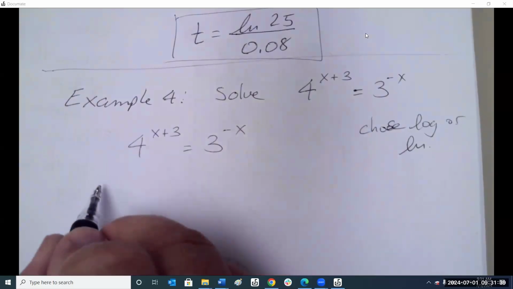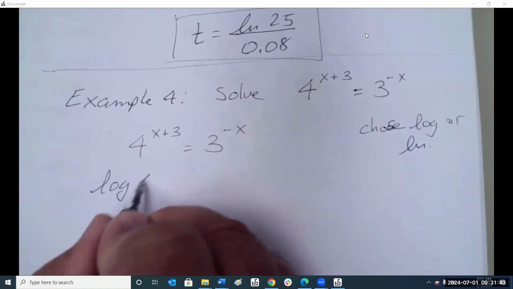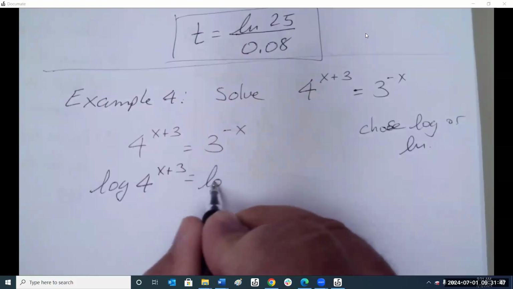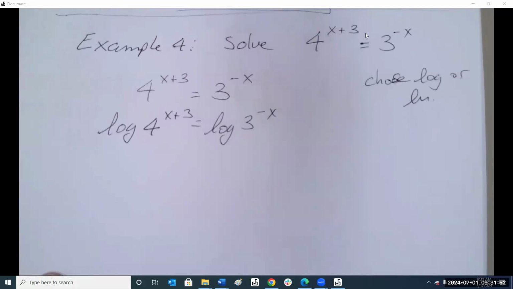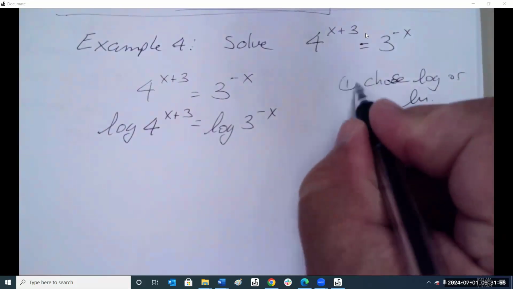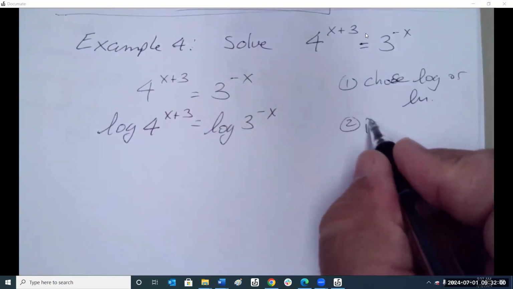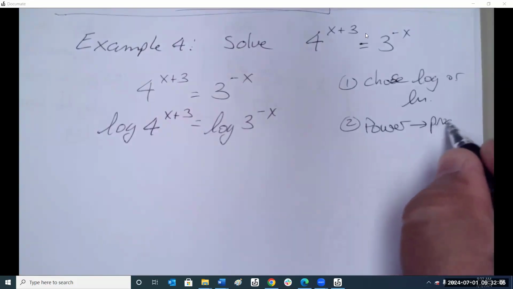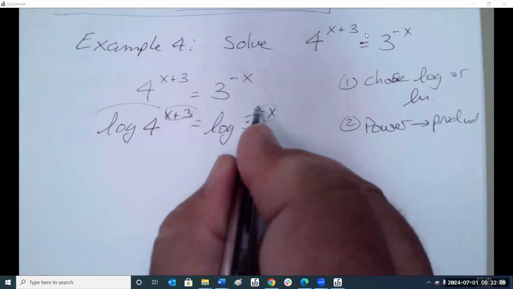Let's use log. Take the log of both sides. Power to a product, so the power goes down in front.